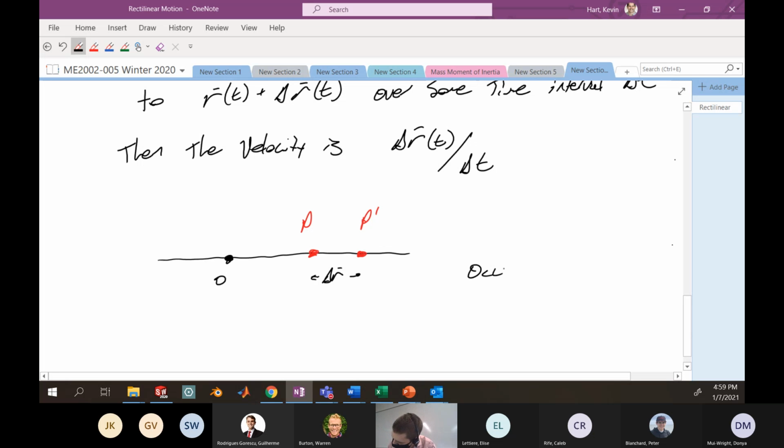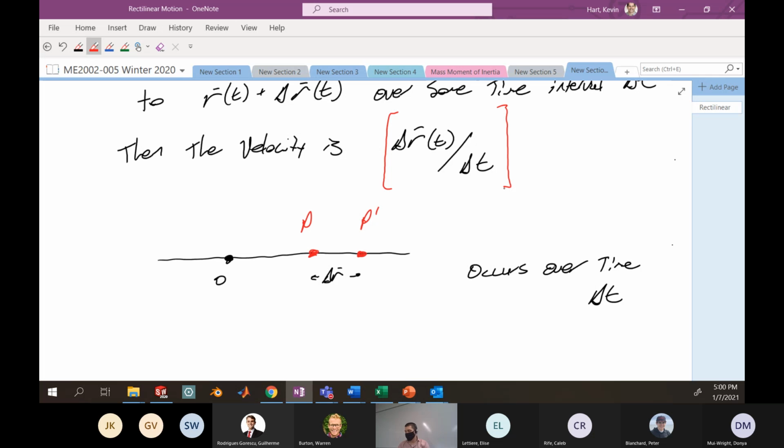And it occurs over time, which is delta t. This is kind of the discrete form up here, where you would say you had some measurable change in position divided by some measurable change in time.